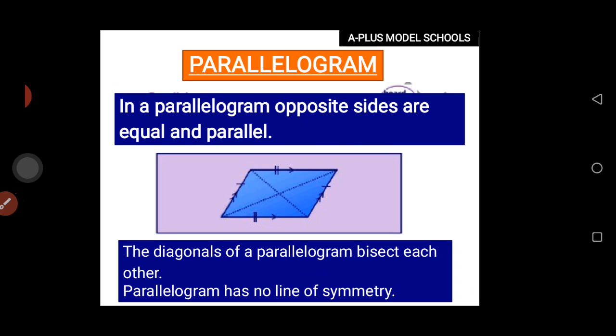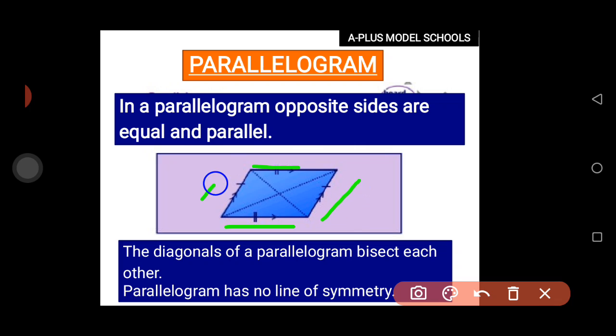The next one is a parallelogram. A parallelogram is also a quadrilateral with four sides. In a parallelogram, opposite sides are equal and parallel. When you look at the opposite sides, you will see that here we have two lines, and here we also have two lines. Here we have a single arrow, single arrow.